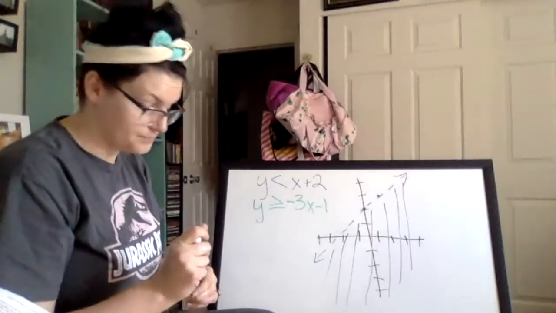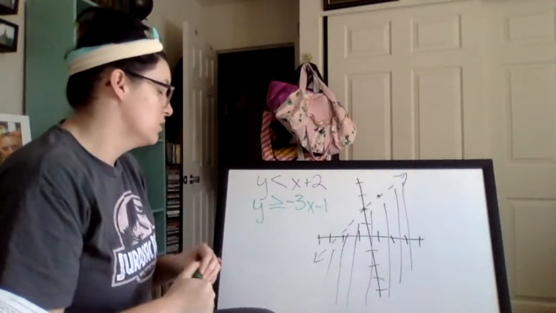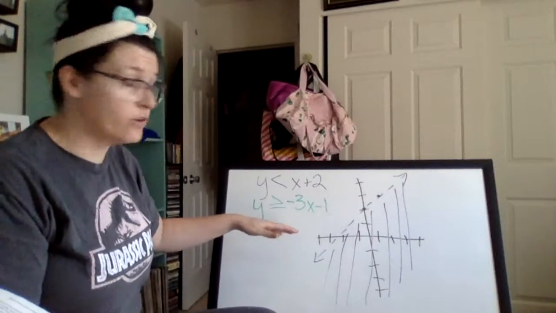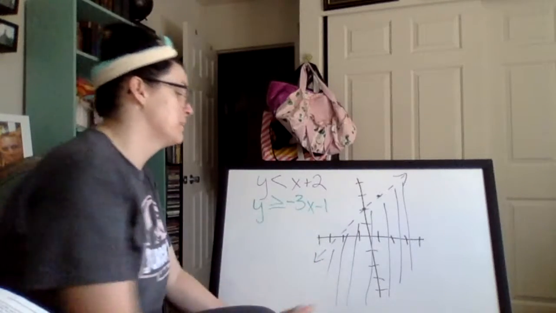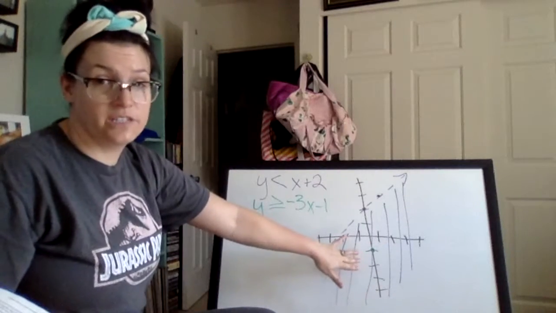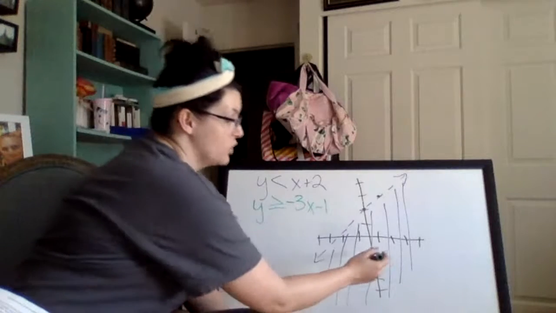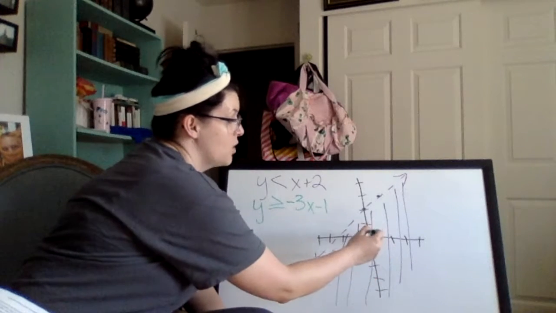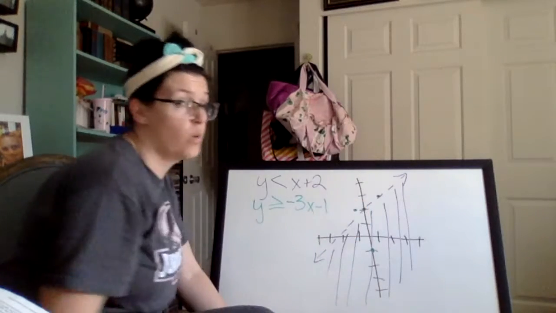And then to graph our second equation, y is greater than or equal to negative 3x minus 1. So negative 1 is our intercept, and then our slope is negative 3. So if we go up 3, 1, 2, 3, we need to go negative x for the 1.